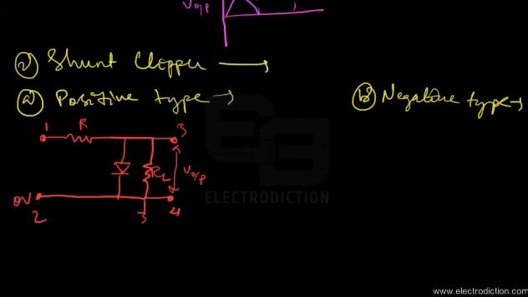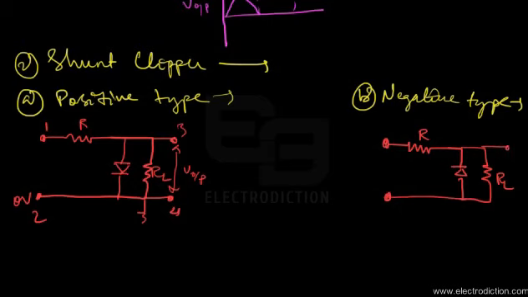And in case of the negative type shunt clipper, the circuit looks somewhat like this. Here we have our diode oriented just in the reverse direction to what is present in the positive type of shunt clipper. Here is the load resistance, the series resistance, terminals 3 and 4, across which we have our output voltage.